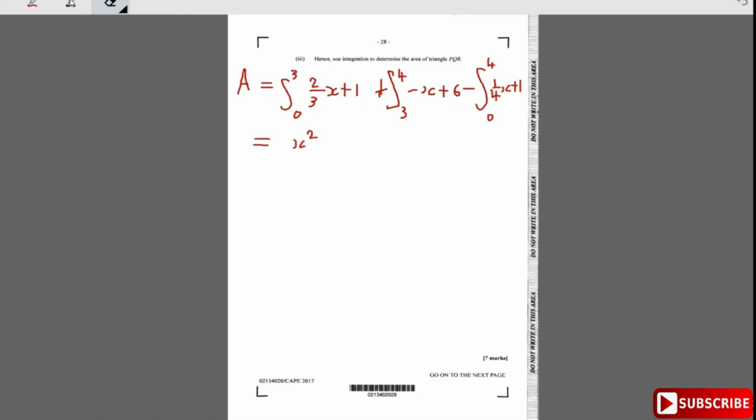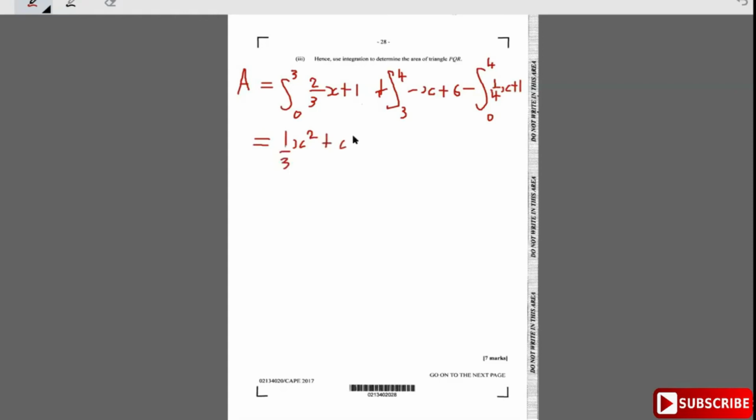That becomes 2 over 3 times 2, and 3 times 2 is 6. And 2 over 6 is just 1 over 3. That becomes 1 over 3 x squared plus x.